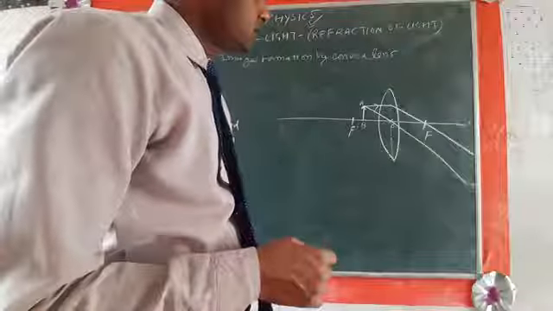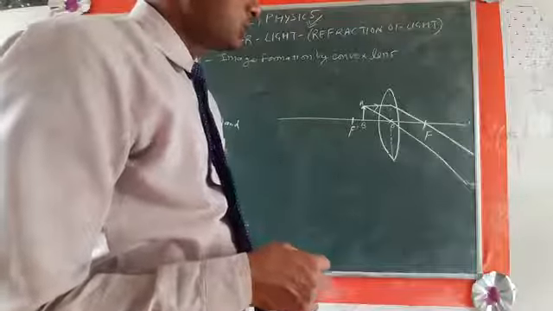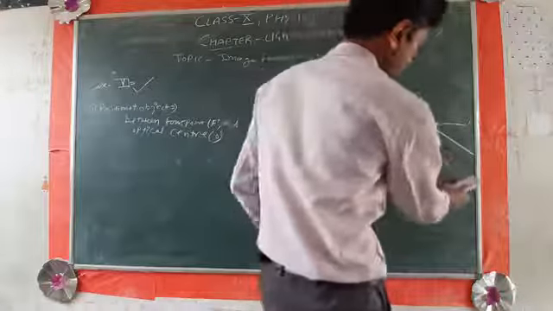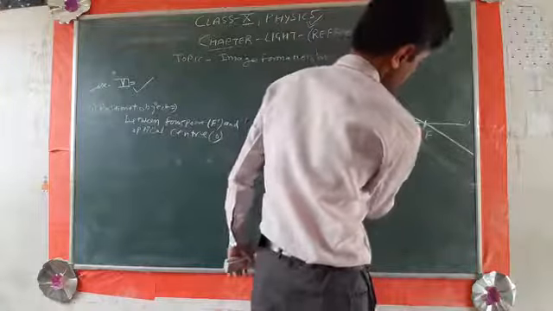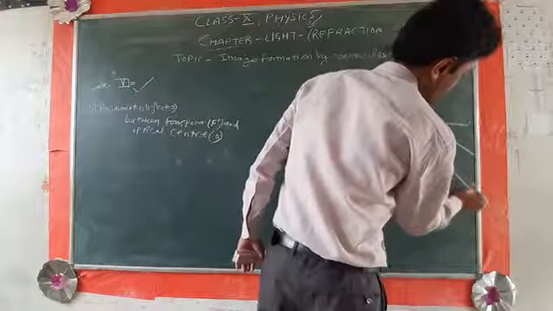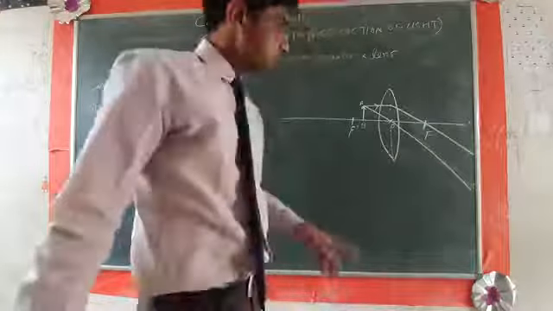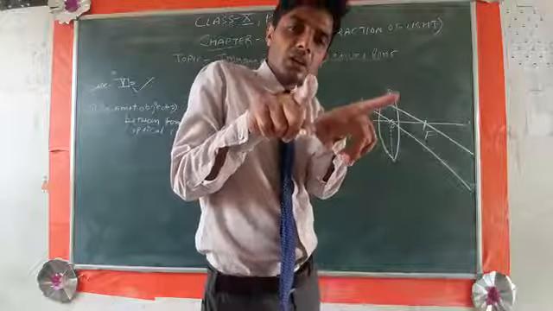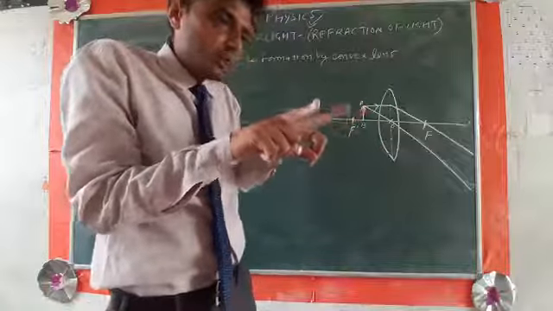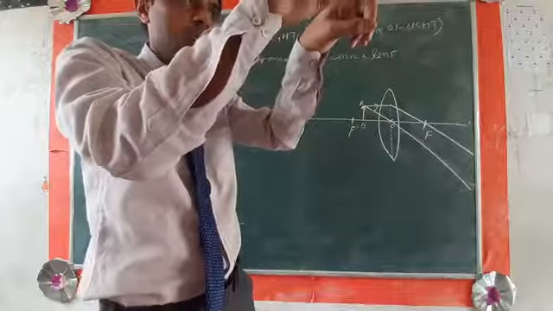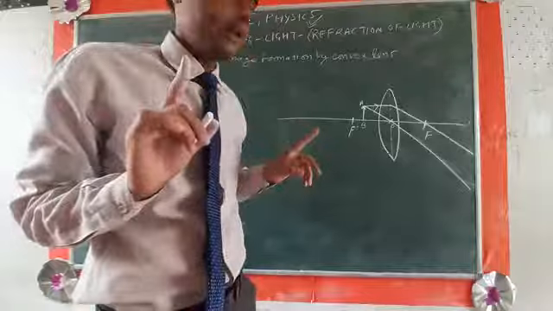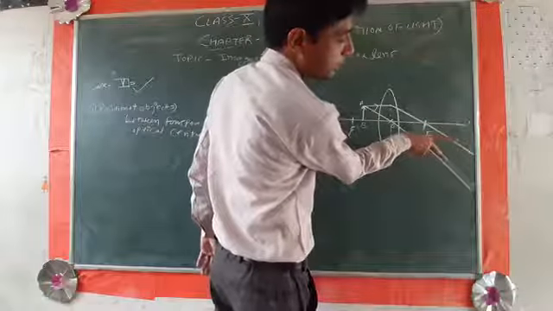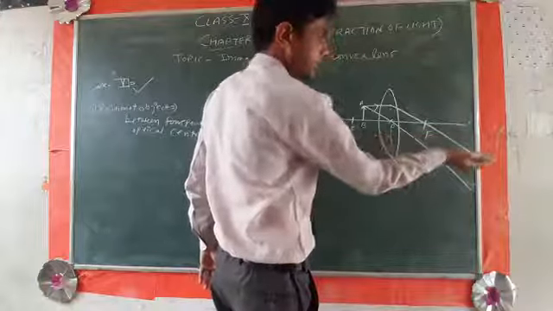As you can see, these rays of light are not parallel, but they never intersect behind the lens.